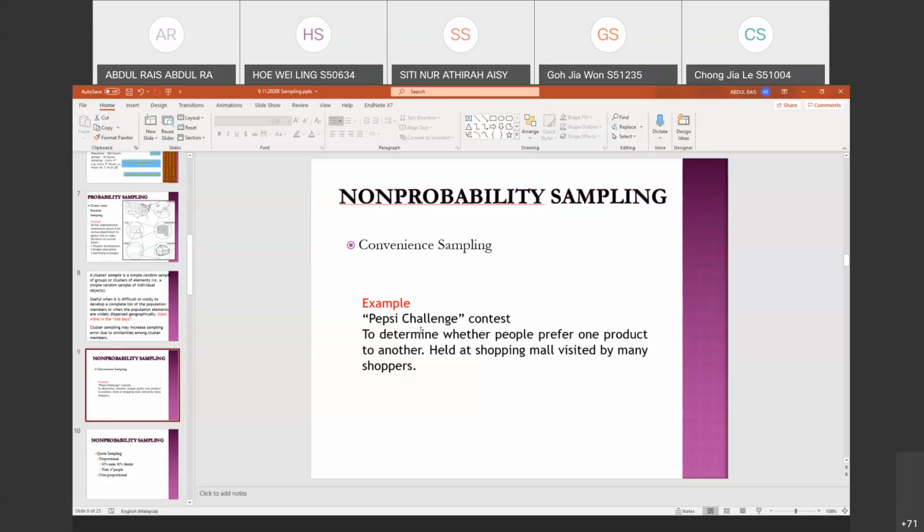Lepas you dapat kebenaran daripada pihak pengurusan to set up stall, mungkin daripada pukul 8 ke pukul 10, just approach siapa-siapa saja yang lalu sini, tak kisahlah dia student universiti ke, pelajar sekolah ke, staff yang tengah lunch break ke, just for the sake of convenience untuk test you punya acceptance of new product, pilih siapa-siapa saja.